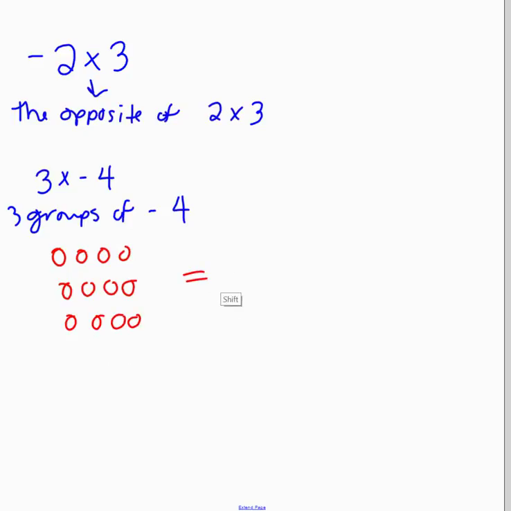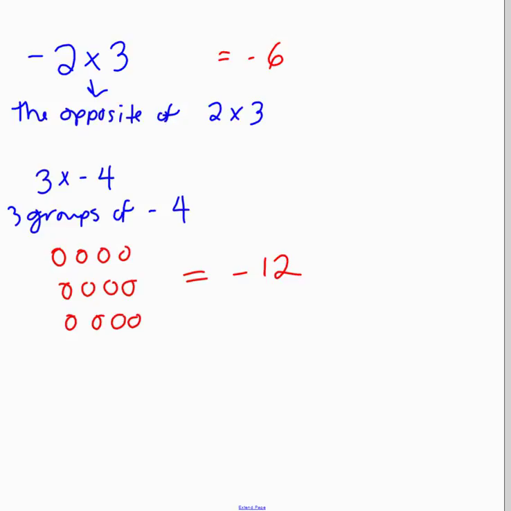What that equals is negative 12. So there's 2 examples of when a negative times a positive or a positive times a negative results in a negative answer. This first example, when the negative's in front, means the opposite of 2 times 3, or the opposite of 2 groups of 3. This one, 3 times negative 4, means 3 groups of negative 4. Both will give you a negative answer.